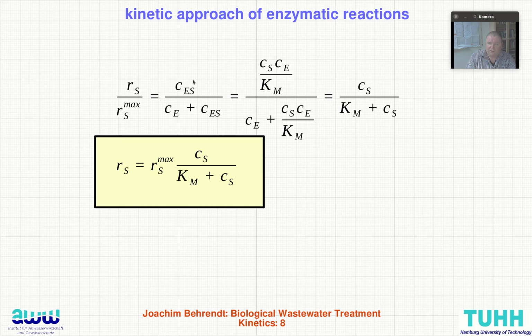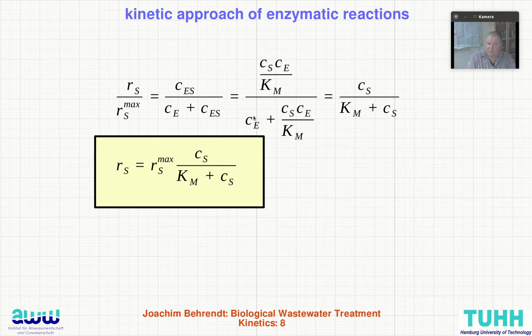in relation. And there we have that the relation of the substrate uptake rate to the maximum substrate uptake rate depends on the enzyme substrate complex and the total enzymes. The speed constant K2 plus is eliminated in this way, and now we are expressing the enzyme substrate complex with this form where the free enzyme is included.